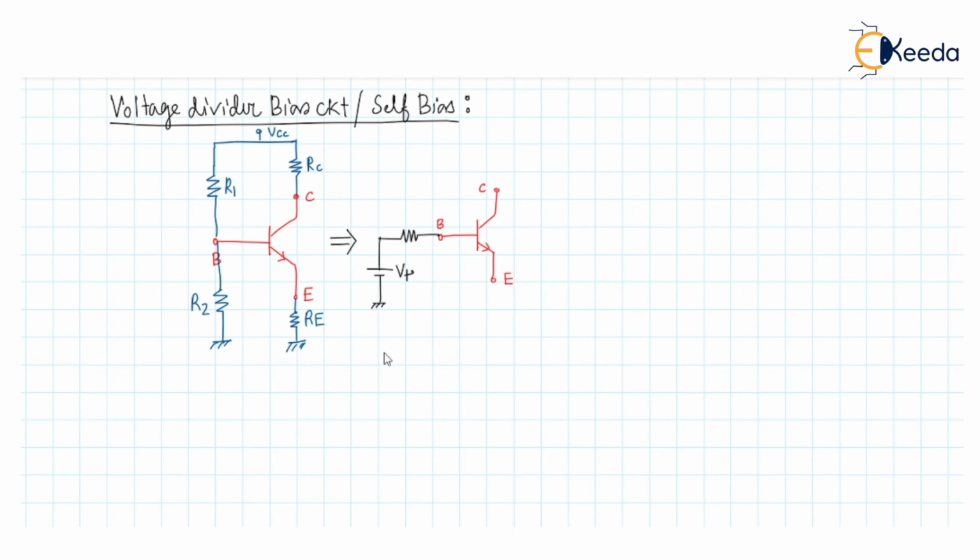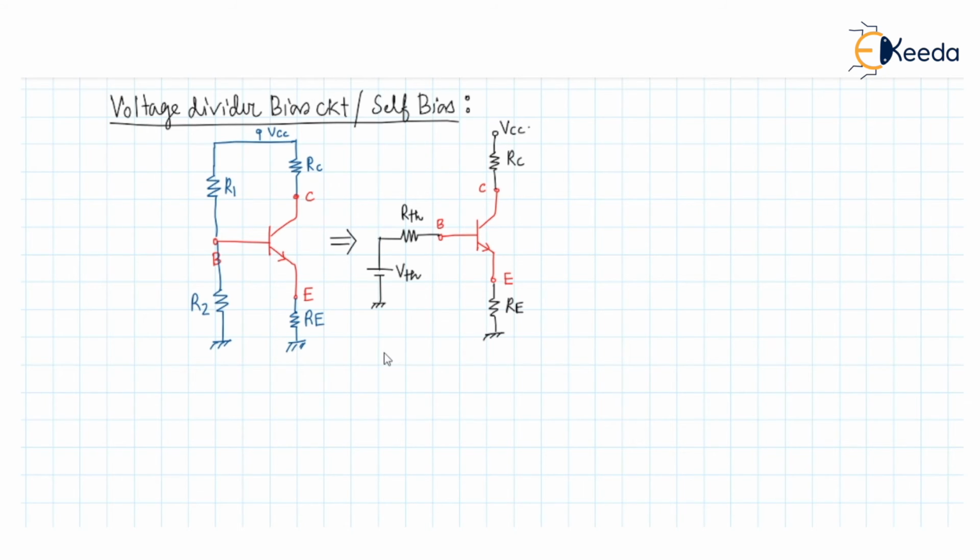This is the VTH and this is the RTH. We can find the VTH and RTH from this circuit, and there was an RC resistance connected earlier. Here it is VCC, this was RC, and there was an RD resistance connected here.